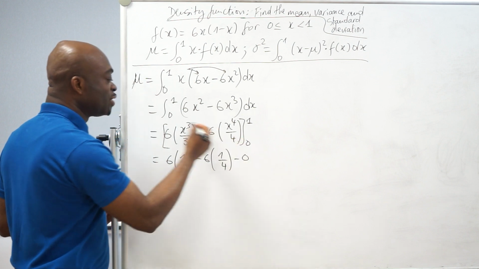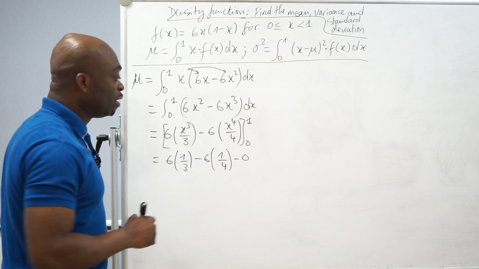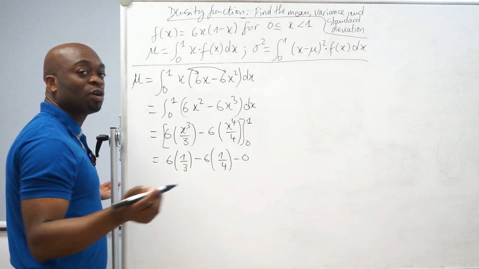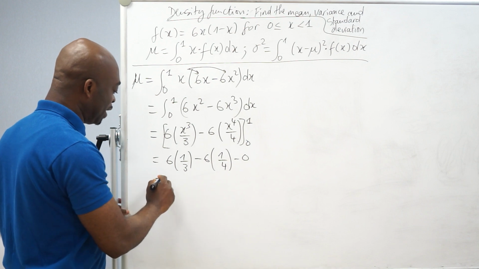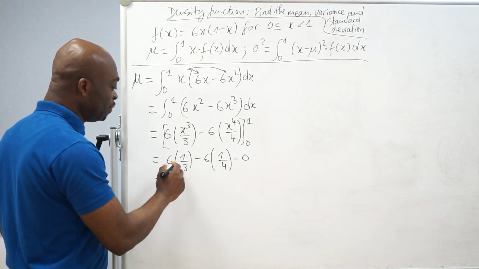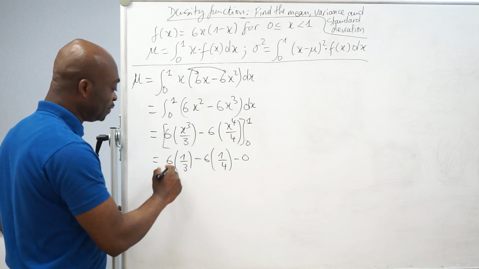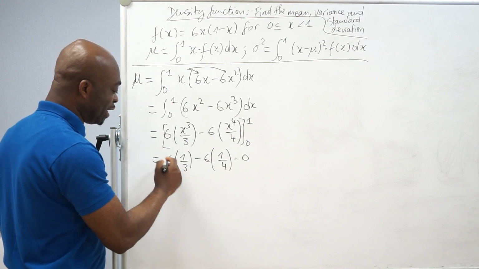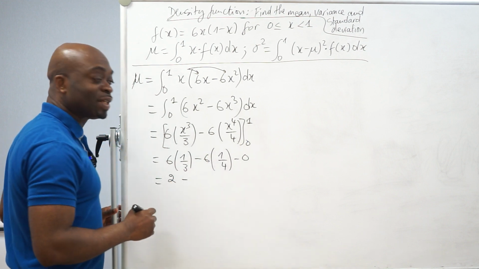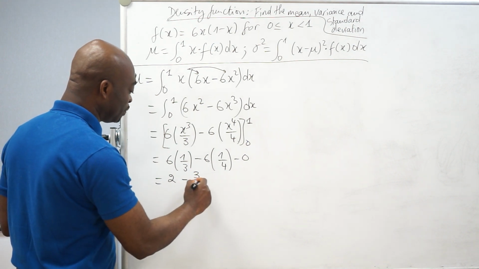Minus 0, because we're going to subtract the value at 0, which will give us 0. So 6 times 1/3 will give us 2, correct? Because we're dividing 6 by 3. And then minus 6 times 1/4, which is going to give us 3 over 2.